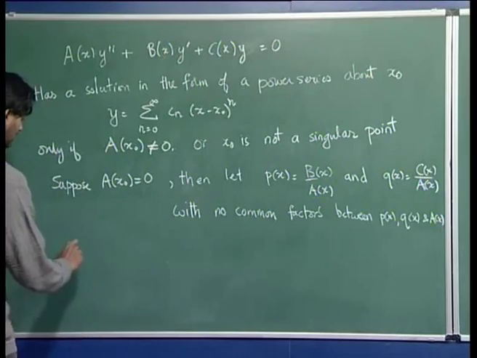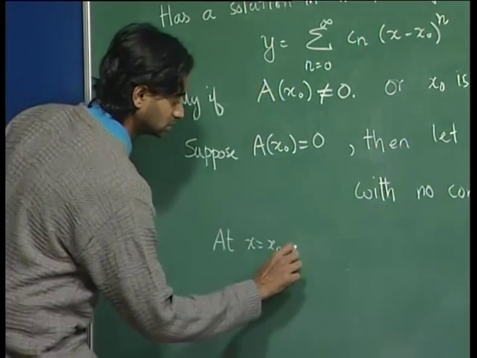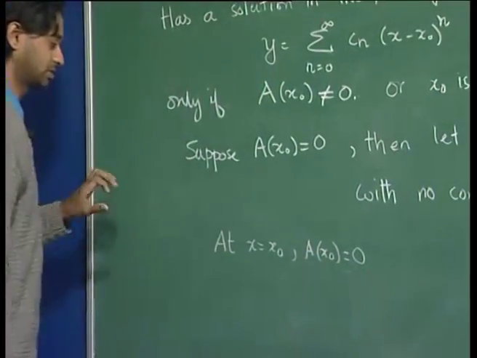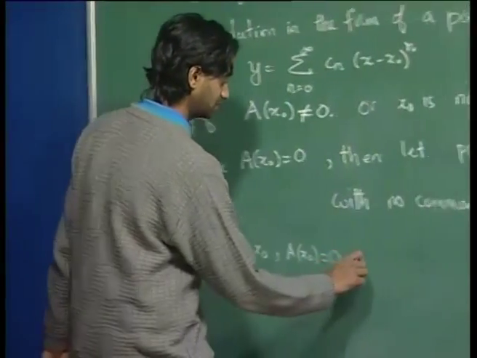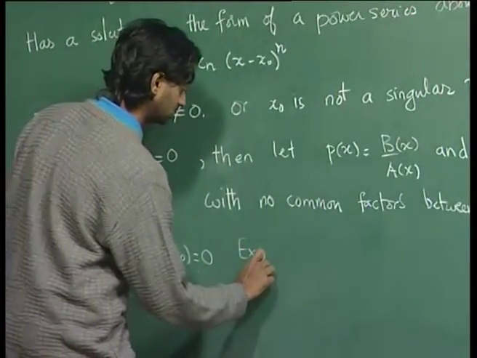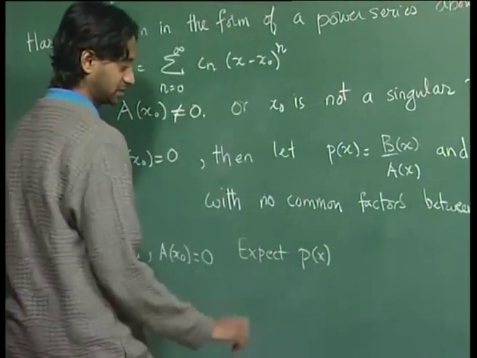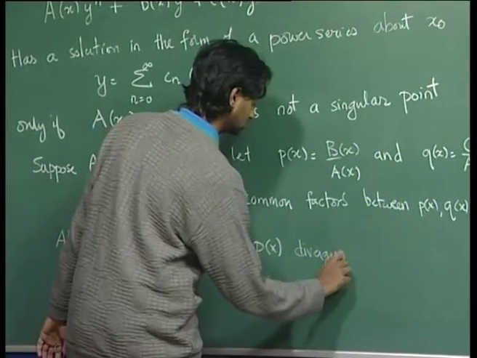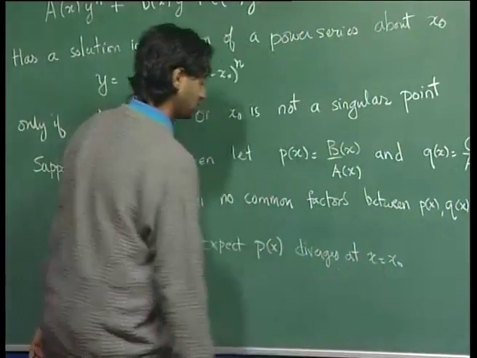So, therefore, a of x 0 equal to 0. So, therefore, you would expect p of x diverges at x equal to x 0.